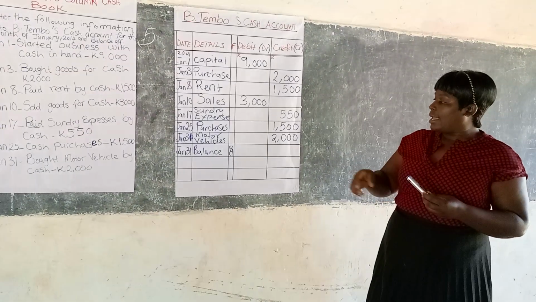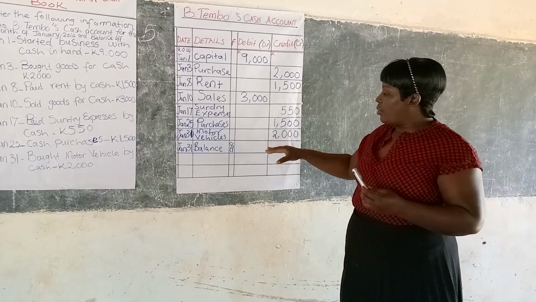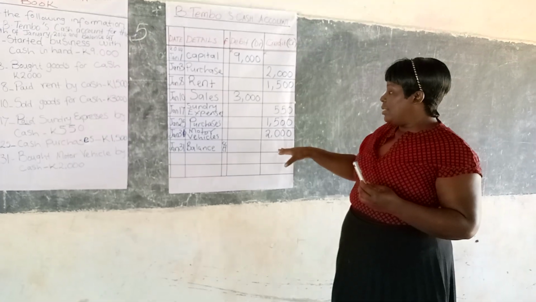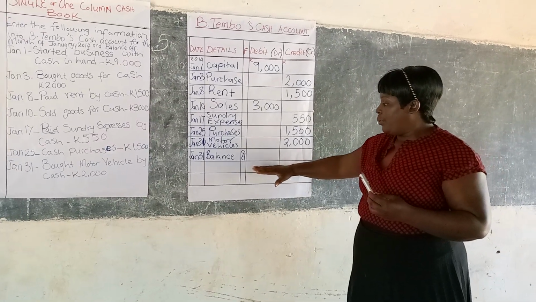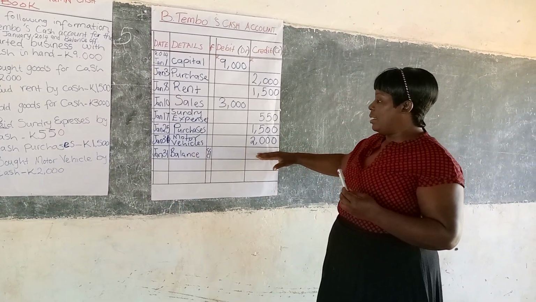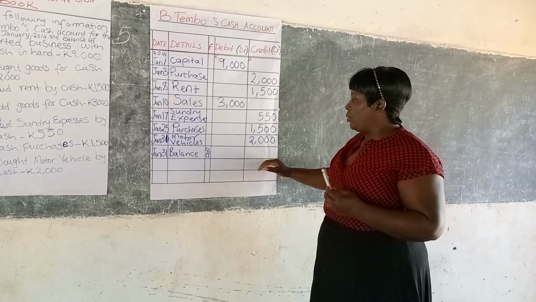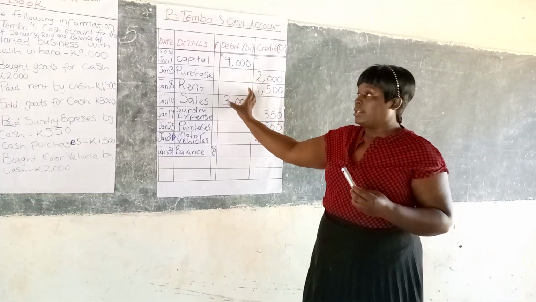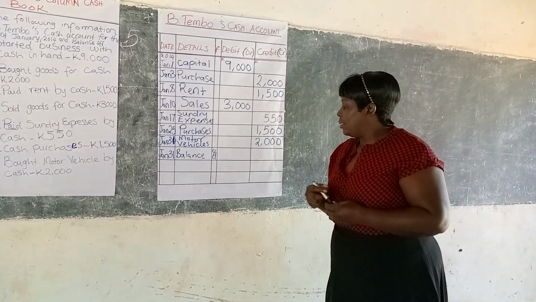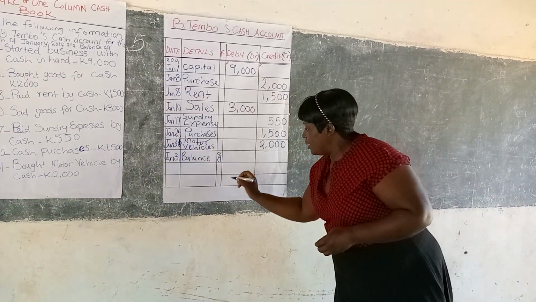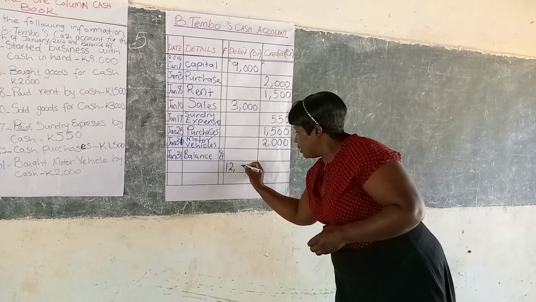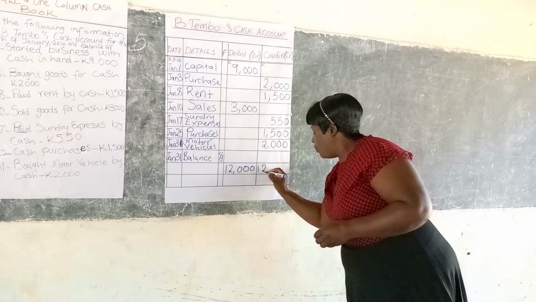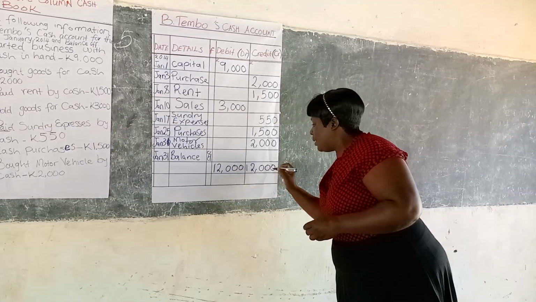Where you get the largest figure is the one that you are going to put on both sides, the debit side and the credit side, below, not in the line for the balances, but below. So when you calculate, you find that where the figure was larger is the debit side. When we add here, we get 12,000. So we are going to put this same figure on both sides like that.